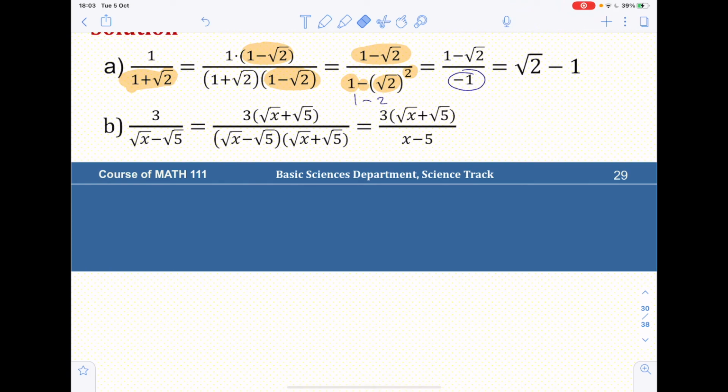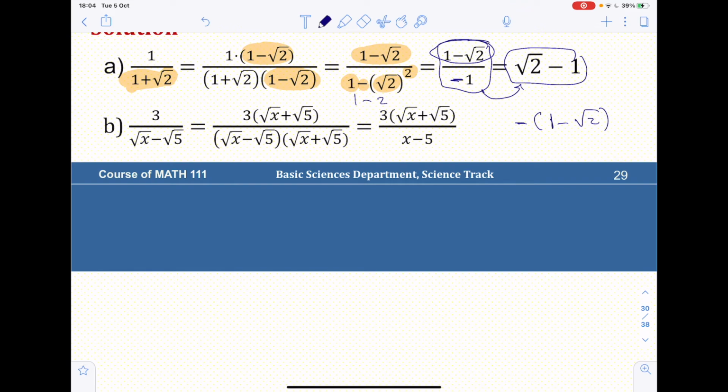Now, how does this one get to this shape? The reason is that I multiply the numerator with the negative, so negative 1 minus root 2. So it is negative 1 plus root 2, or I just switch the places, because this is root 2 minus 1.